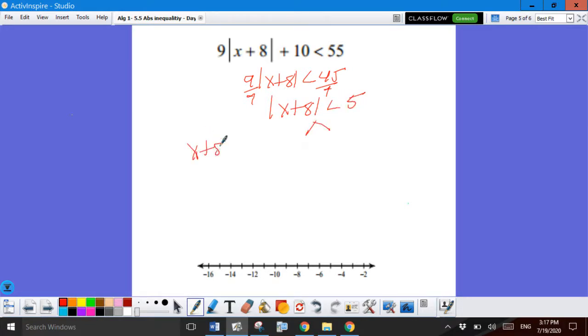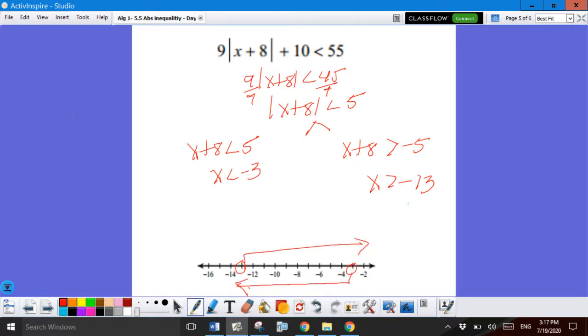So x plus 8 less than 5, x is going to be less than negative 3. X plus 8, flip the sign, negative 5, x is going to be greater than negative 13. So negative 13 and negative 3. And again, it's an and. So negative 13, x is in the center, negative 3 pointing to the left.